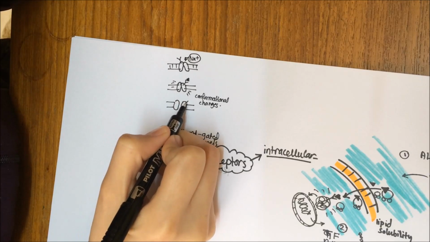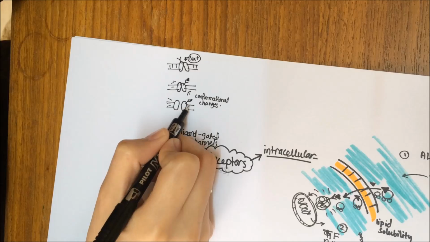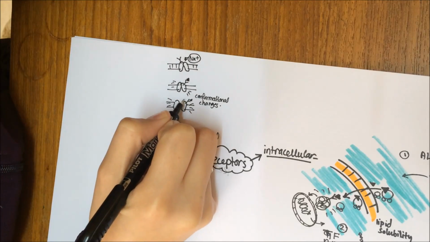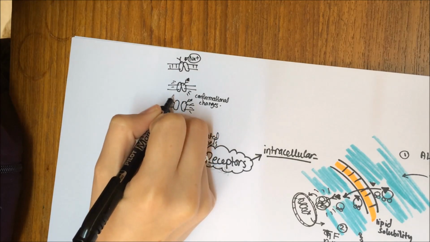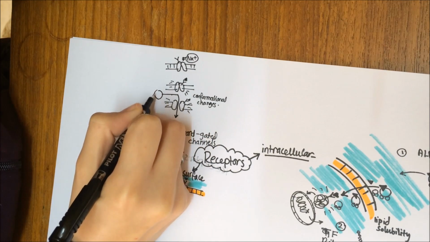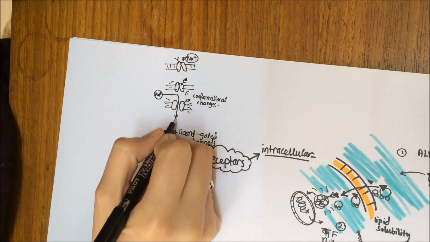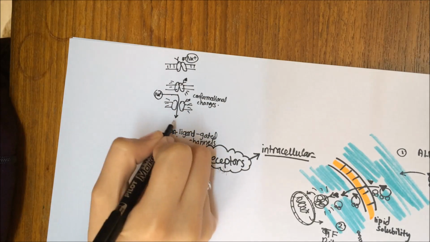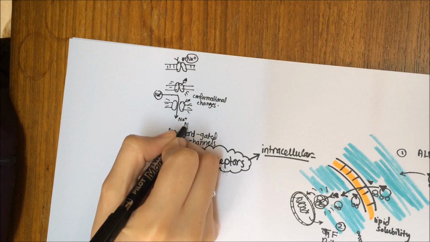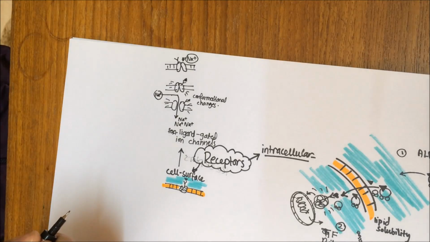Now, when this ligand is bound and the channel is active, we can easily make the sodium cross to the inside of the cell. So the gate is open and sodium will cross to the inside. So now we have Na in the intracellular space.